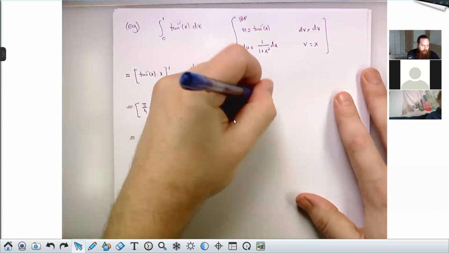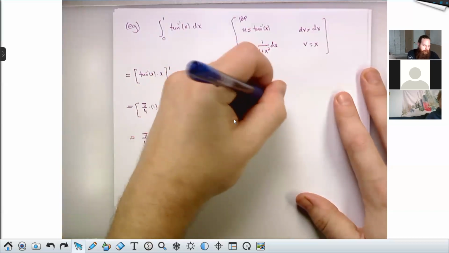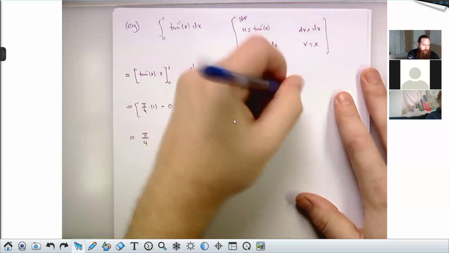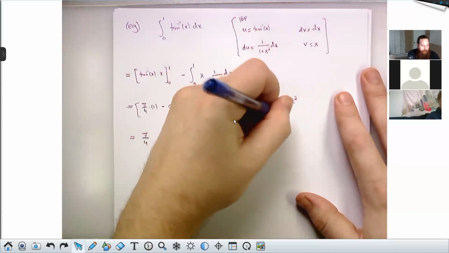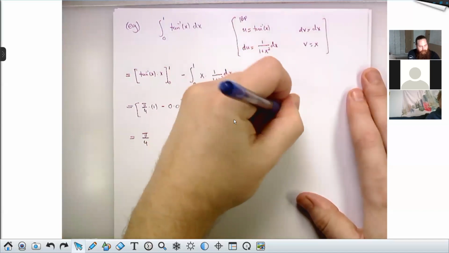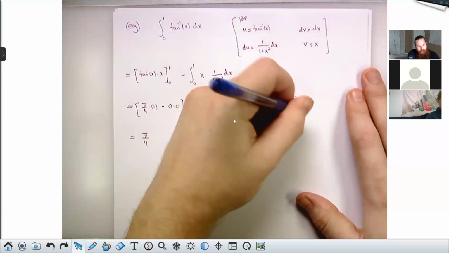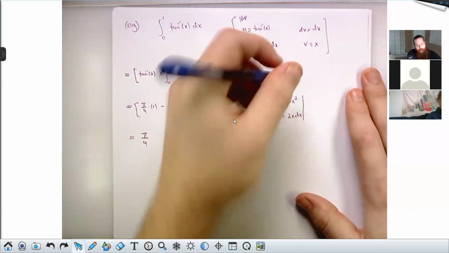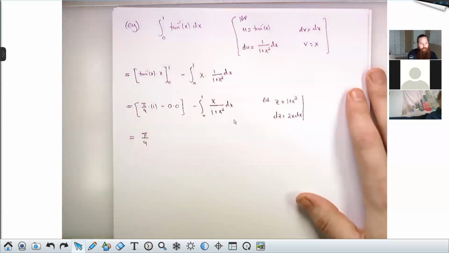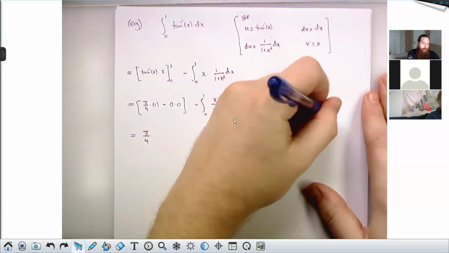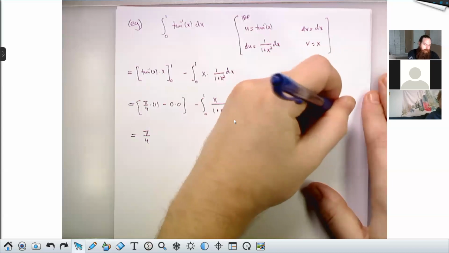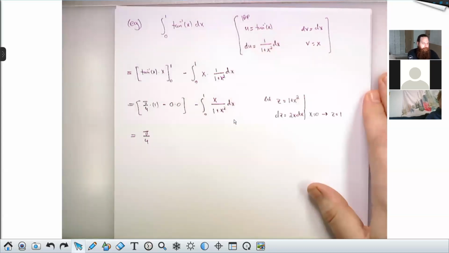So here I won't use the letter u because it's confusing. I'll let z be 1 plus x squared. Sub for the bottom. Then dz is 2x dx. Also, I'm doing this in a definite integral, so I need to change my bounds. When x is equal to 0, z is equal to 1 plus 0 squared, that's 1.